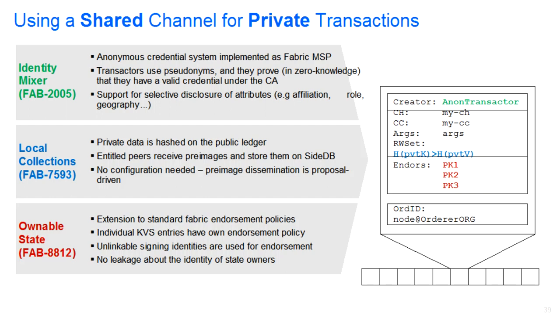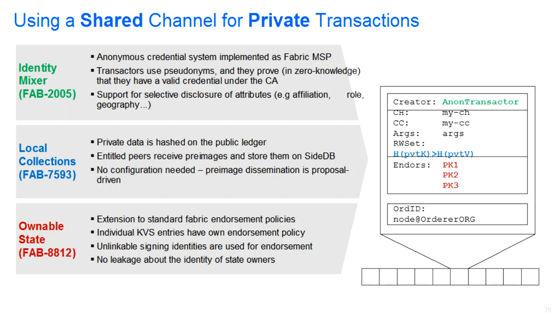There are good reasons to have state within a chain code, where some portions of the state have to be endorsed according to some rules and others according to others. Of course, you could split it across chain codes, but why do you have to if your data model and your processing logic fit within a chain code? If you have the liberty to express it using a more flexible endorsement policy, that might be a plus.